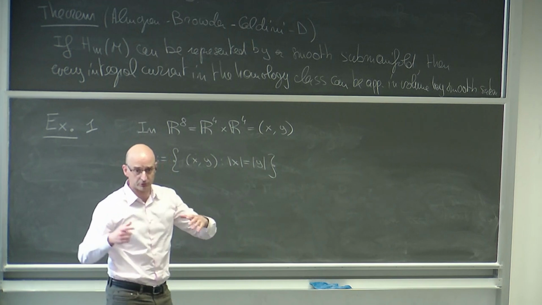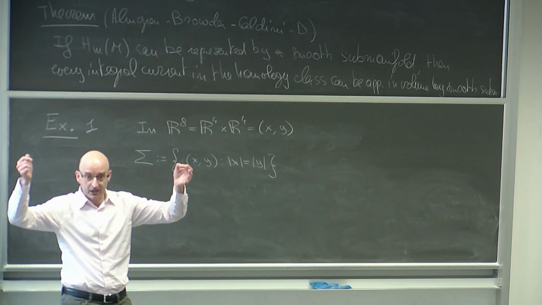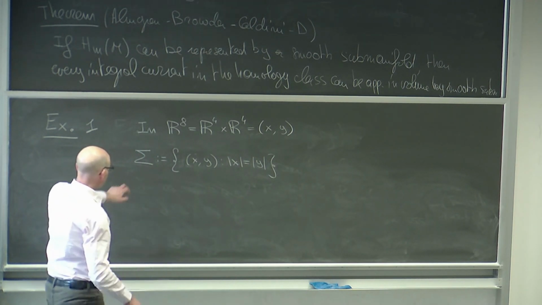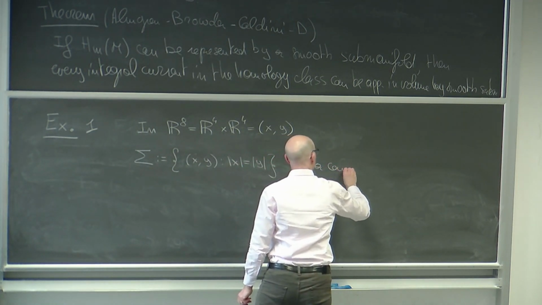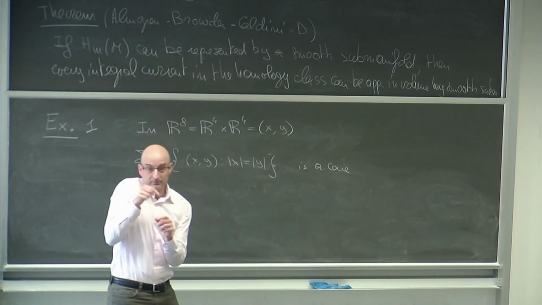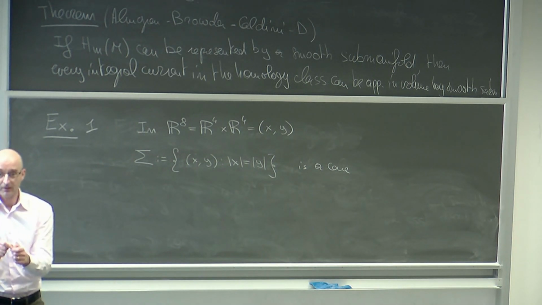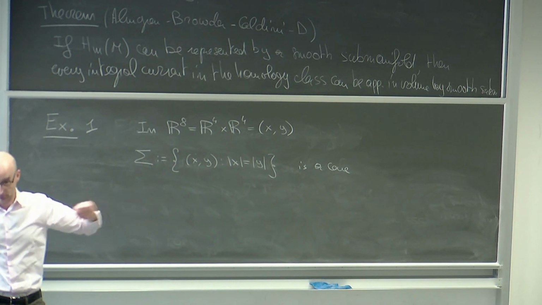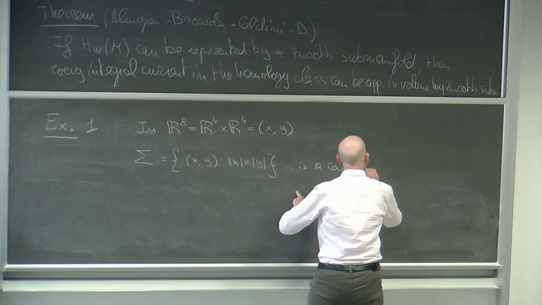And what you're doing is taking the product of these three-dimensional spheres and making a cone with the origin. So of course this is a cone with a singularity at the tip of the cone, right? Because if you're smooth at the tip of the cone, then you're forced to be a hyperplane. So it's a cone with a singularity at the origin.